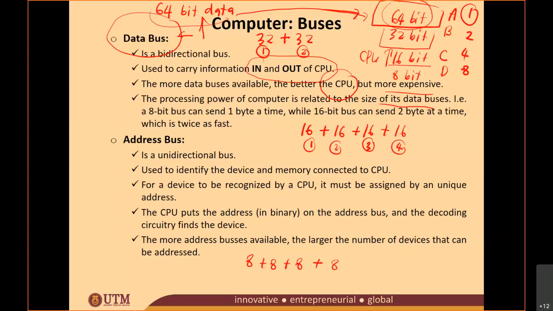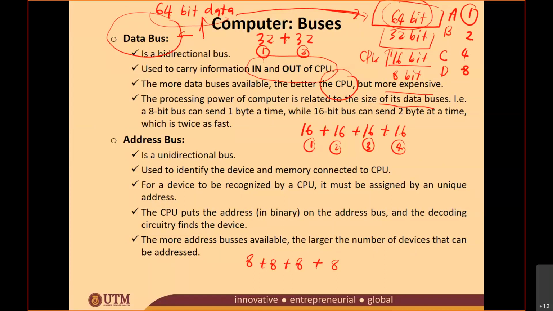Okay, so 8 cycles required in order to move 64-bit data by using 8-bit computer. Okay, so the size of the data bus is very important lah, in order to determine the speed of your CPU.